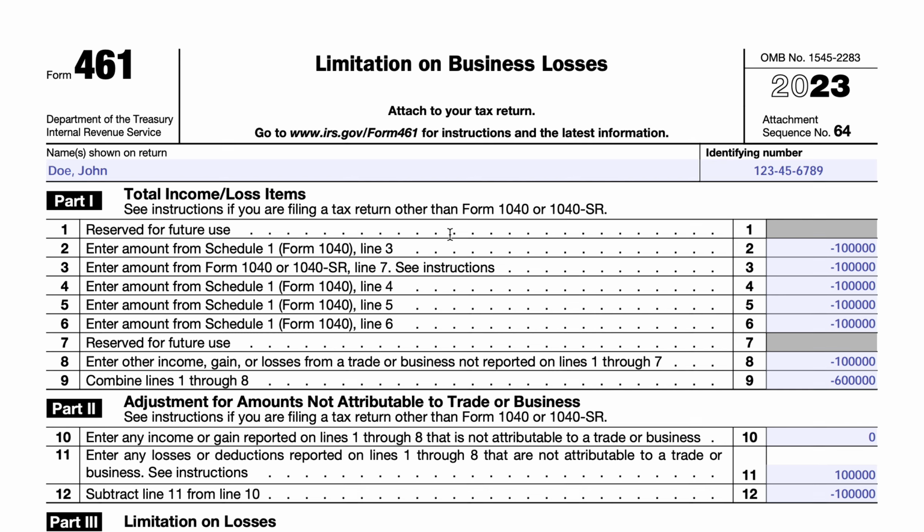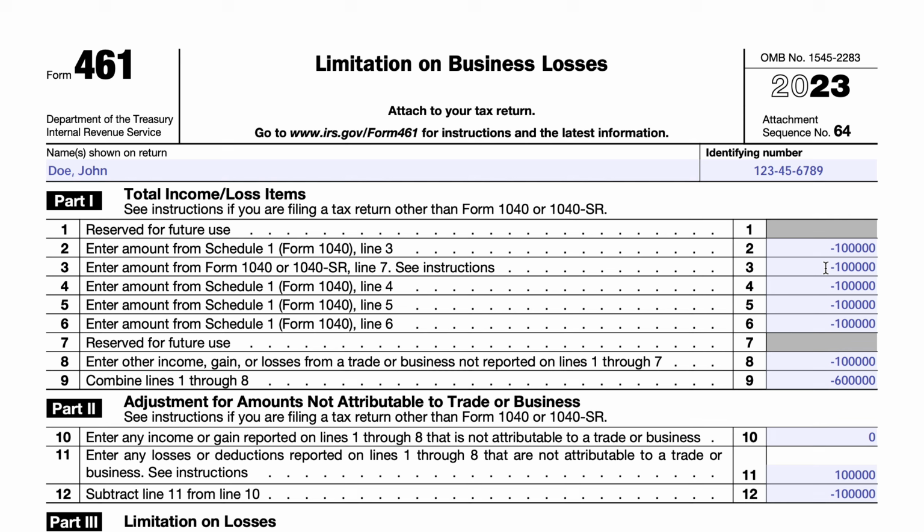So the amount from Schedule 1 on your Form 1040, line 3, this is business income or loss as reported on Schedule C. So let's imagine that John Doe completed his Schedule C and reports $100,000 of a loss from his business. So we put that right here.